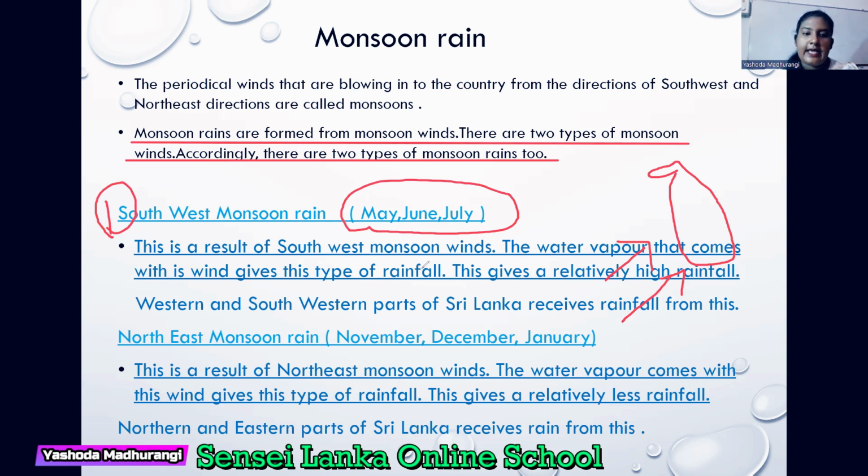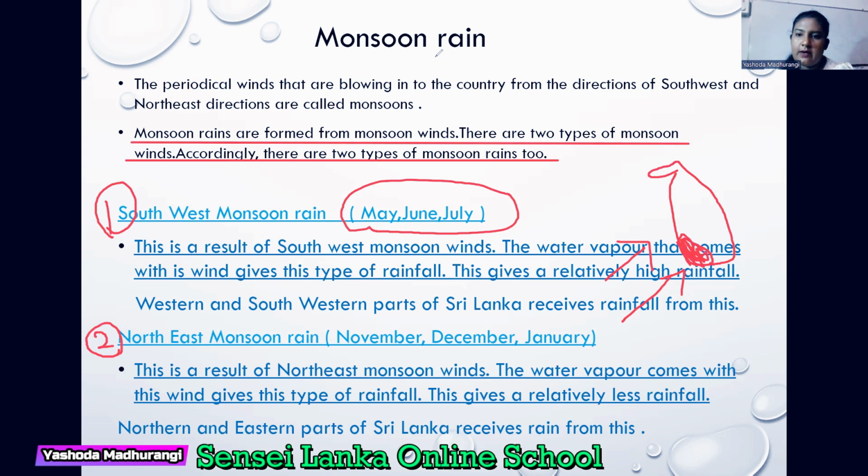The water vapor that comes with this wind gives this type of rainfall. This gives a relatively high rainfall. Western and southwestern parts of Sri Lanka, look at my map, receive rainfall from this.